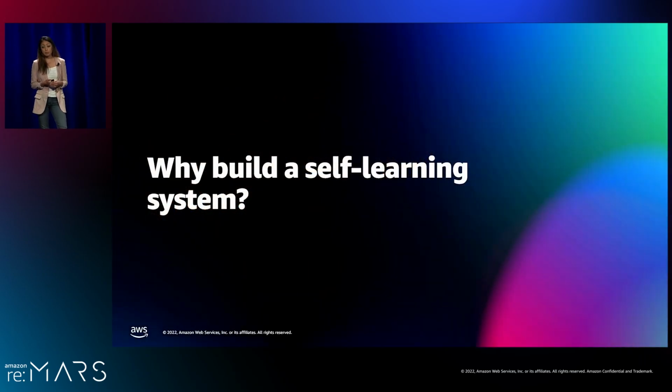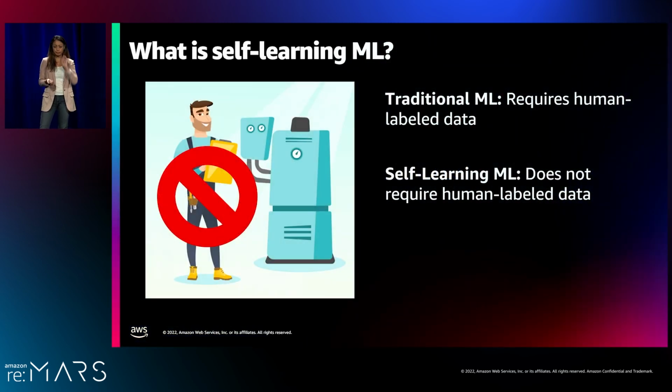So I'm gonna talk a little bit about why we should build a self-learning system. First, what is self-learning? Simply put, traditional machine learning has required humans to label data. And so what that means is that a person is transcribing clips of audio in relation to speech recognition.